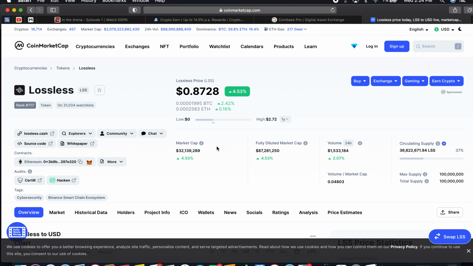So if this market cap was 10x, right, then we go from having an 87-cent coin to an $8.70 coin on a 10x. On a 100x, that takes it to $87, and the market cap would only be 320 million. No, sorry, 3.2 billion, right?